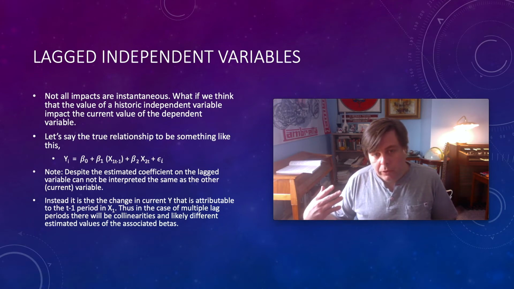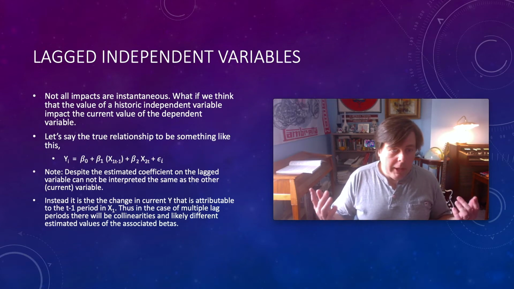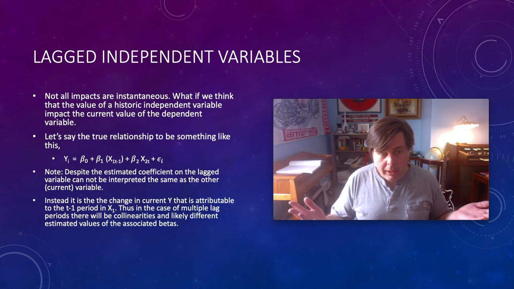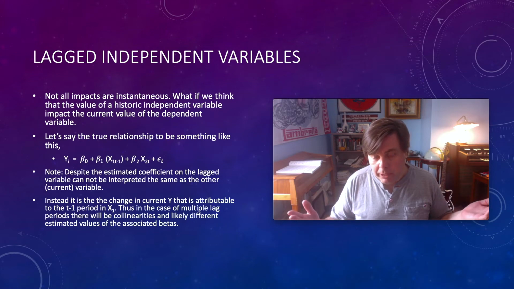In that case, what that beta 1 is now telling us is how movements in this historic value of X impact the value of Y. So it's not about how X impacts Y in general, it's specifically about how this t minus 1 X, not other historic X's, impacts the value of Y. So for example, we could have beta 1 x1 t minus 1, beta 2 x1 t minus 2, beta 3 x1 t minus 3, and so on.